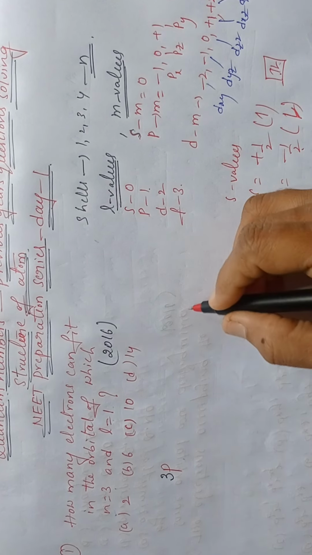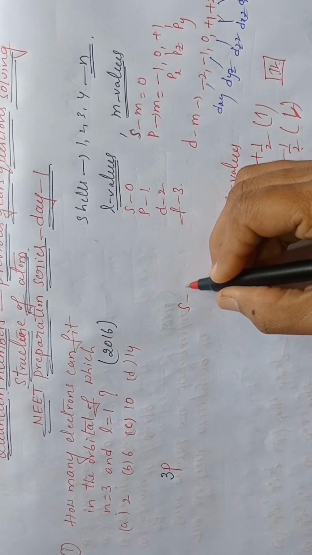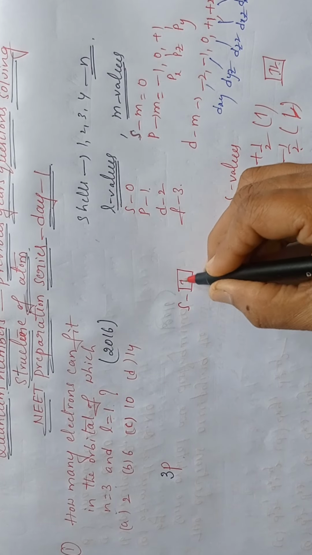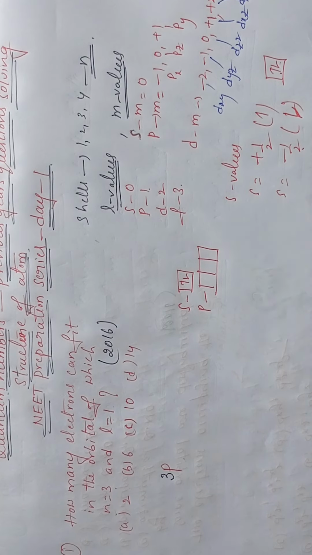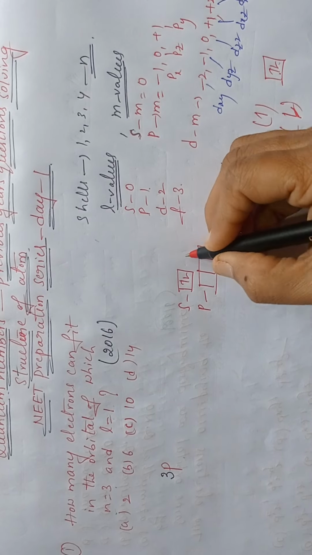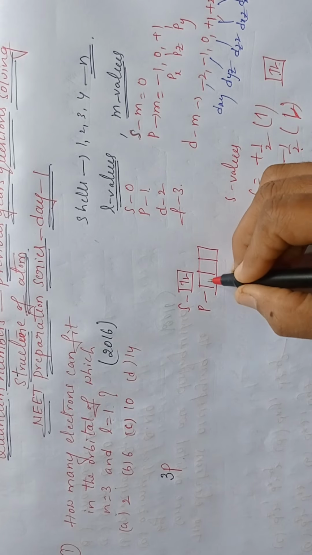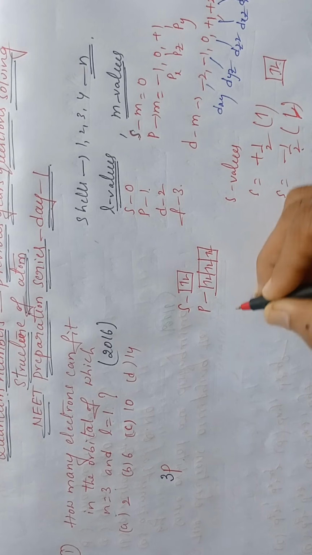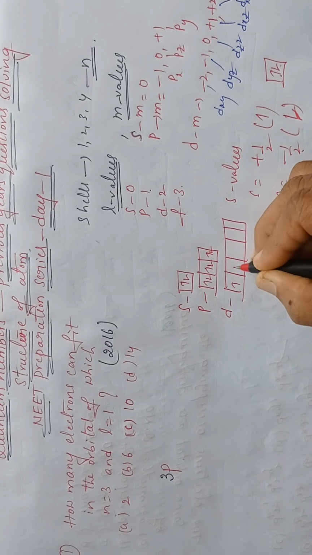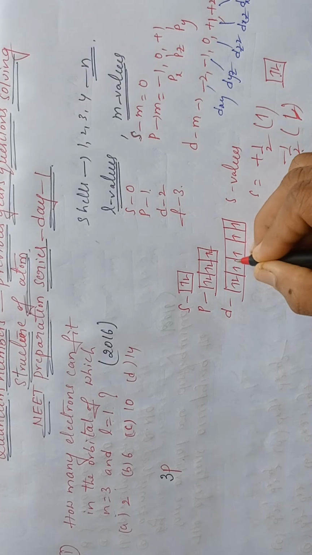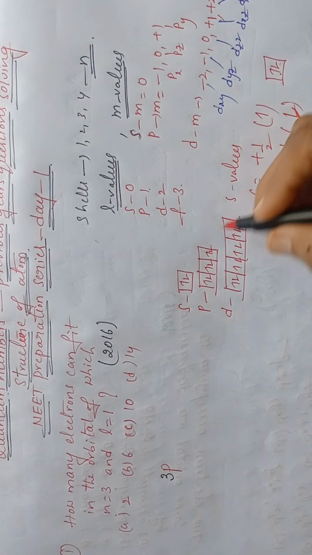Before that, in the s subshell, how many electrons will be there? 2 electrons. In the p subshell, how many orbitals? 3 orbitals. How many electrons? Total 6 electrons. Now coming to d orbitals, there are 5 orbitals, so 10 electrons will be there.